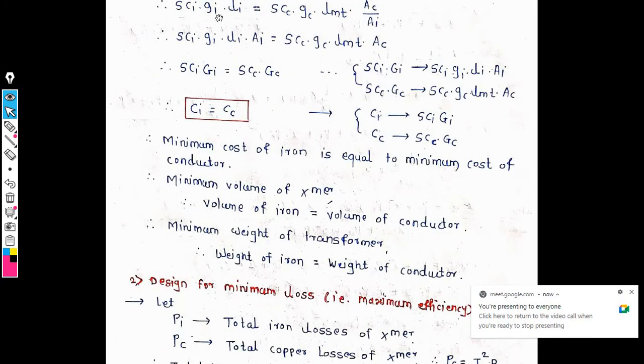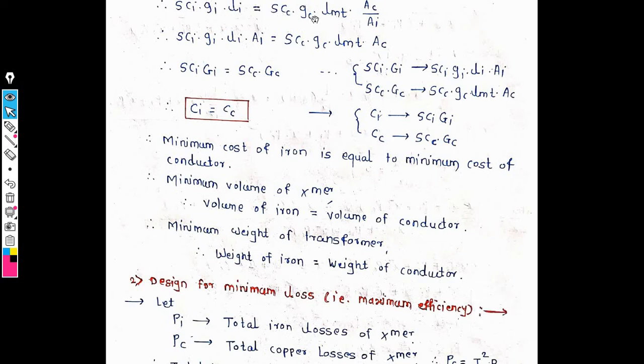Also the next equation is SCI into GI into LI is equal to SCC into GC into LMT into AC upon AI. Then the value of AC is moved to the left hand side, that is SCI into GI into LI into AI is equal to SCC into GC into LMT into AC.